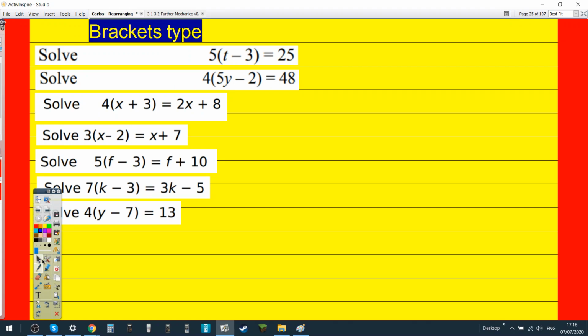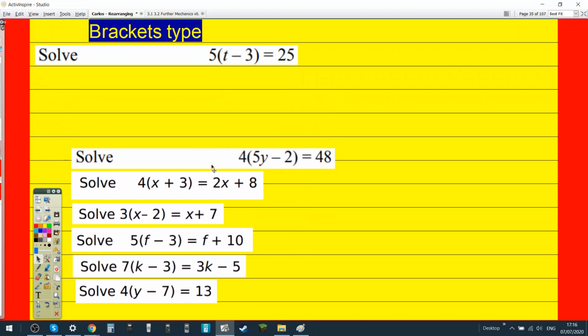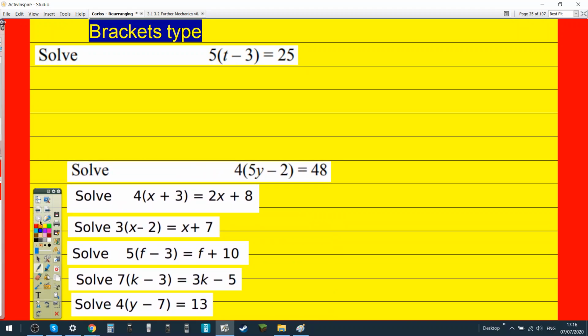Okay, let's try these with brackets. Any idea how you solve this? Bracket. Okay. So do you have to times 5 by t? Oh, yeah. So then it will be 5t, and then times 5 by 3, which is 15. And then you have to take them away.